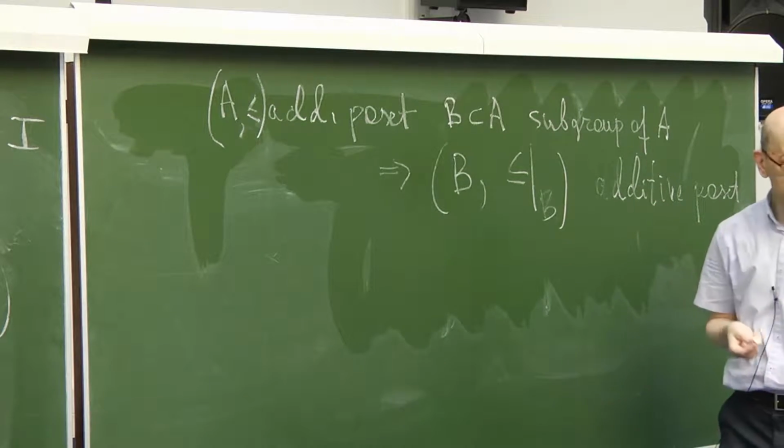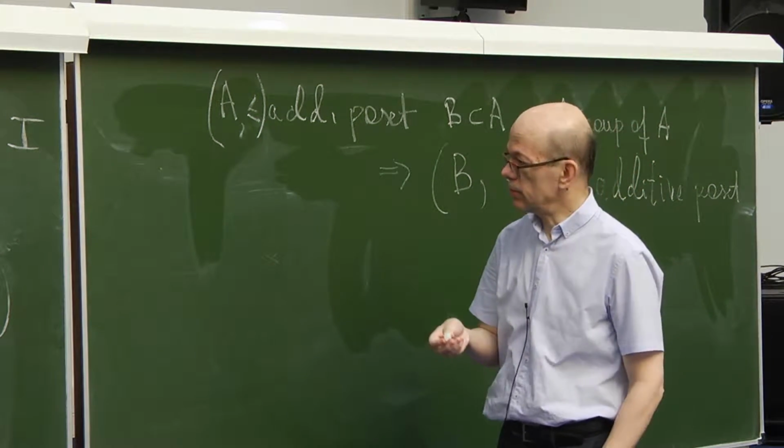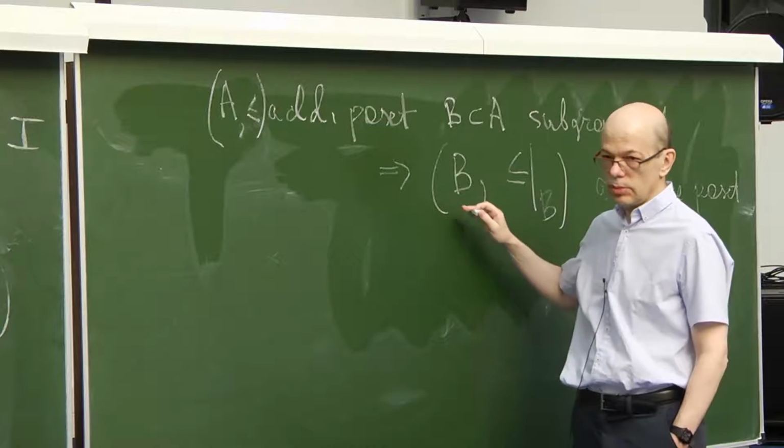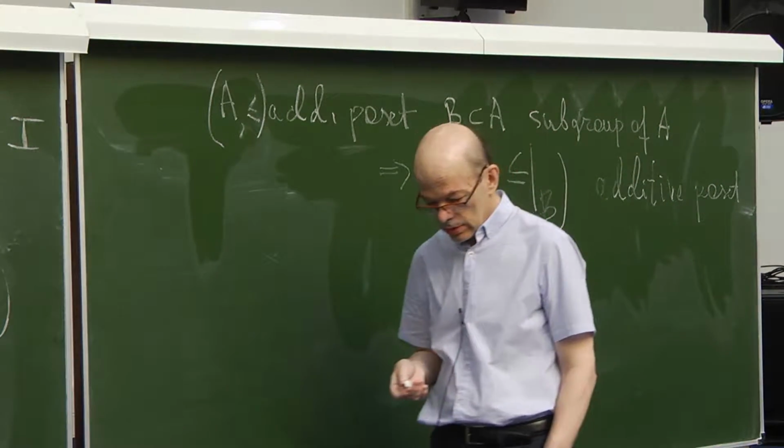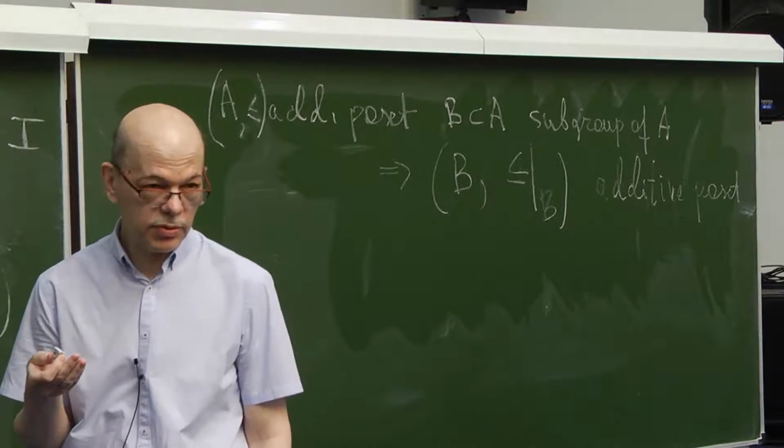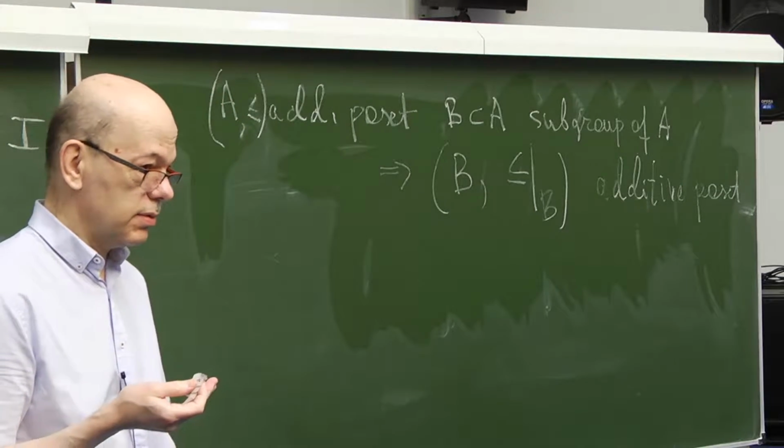And that's obvious, right? Because if the axioms hold in A, they hold in B also, for elements of B. So every subgroup of an additive poset also is an additive poset.